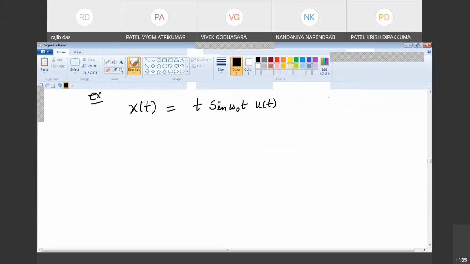Now you notice that if this t is not there, then it is a pure sine wave. Now this amplitude is varying with respect to this parameter t.